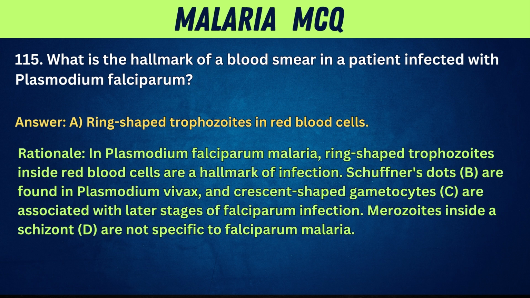Rationale: in Plasmodium falciparum malaria, ring-shaped trophozoites inside red blood cells are a hallmark of infection. Schüffner's dots, B, are found in Plasmodium vivax, and crescent-shaped gametocytes, C, are associated with later stages of falciparum infection. Merozoites inside a schizont, D, are not specific to falciparum malaria.